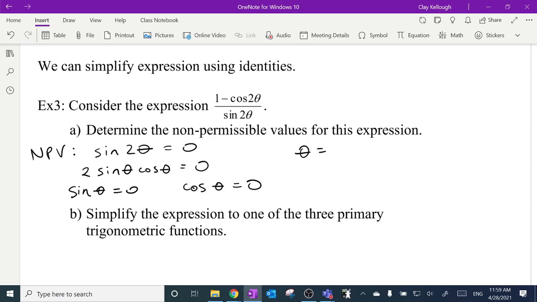At any multiple of pi, so 0, pi, 2 pi, so I'll say at pi times any multiple, where that multiple can be any integer. But when is cosine 0? Cosine is 0 at any half pi, right? Pi by 2, 3 pi by 2. So theta is equal to any multiple of a half a pi.